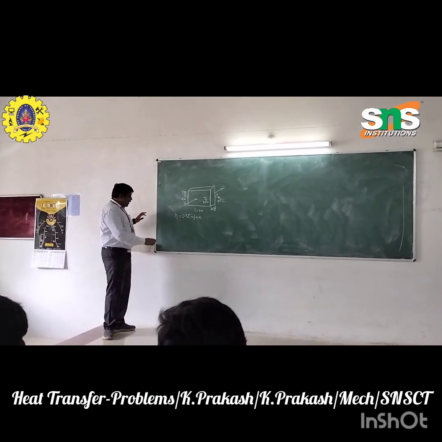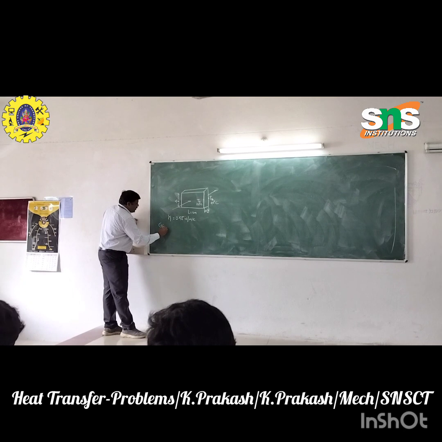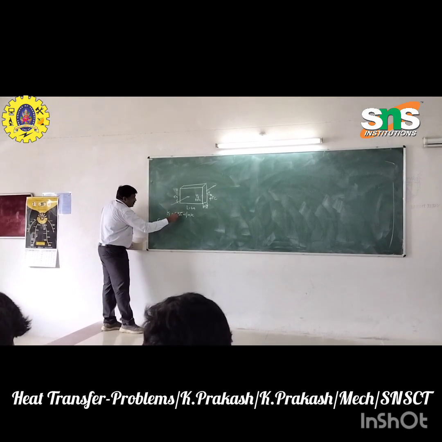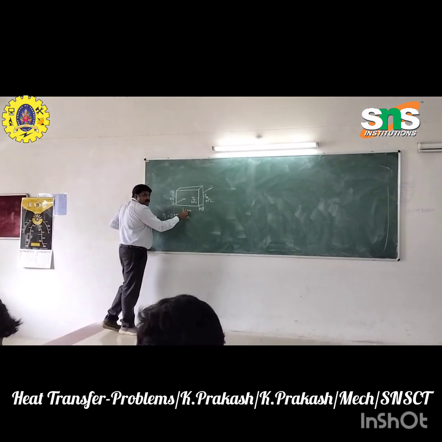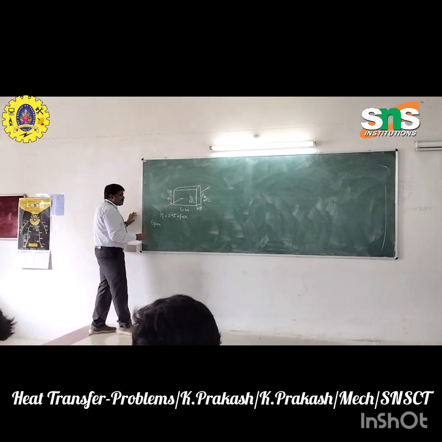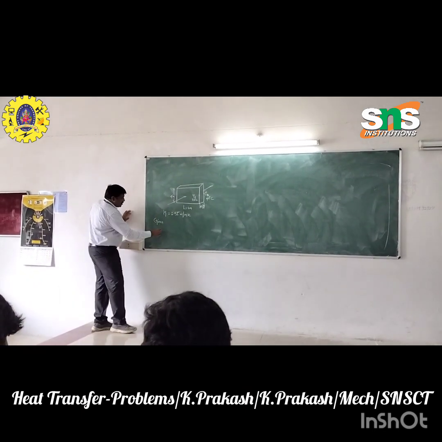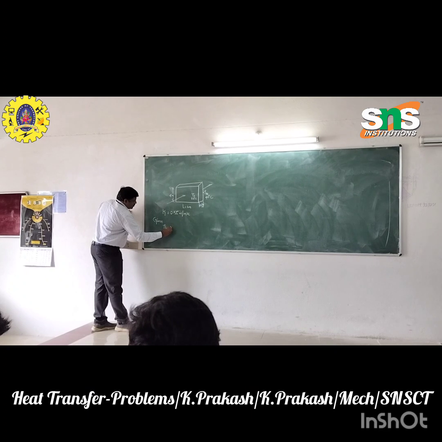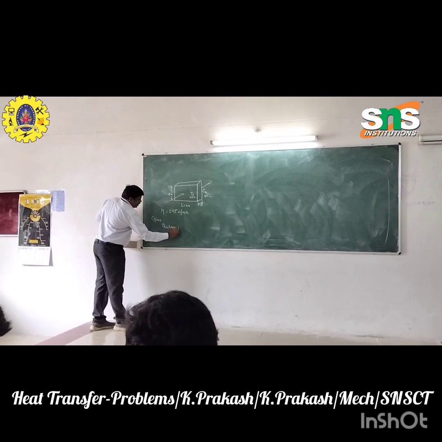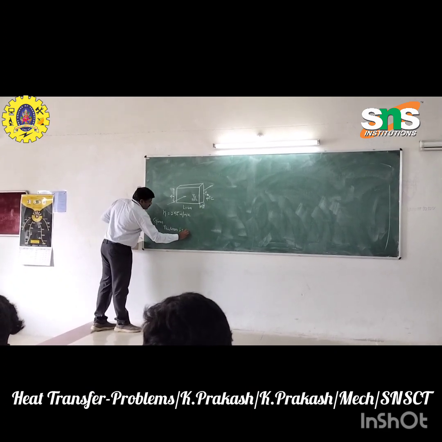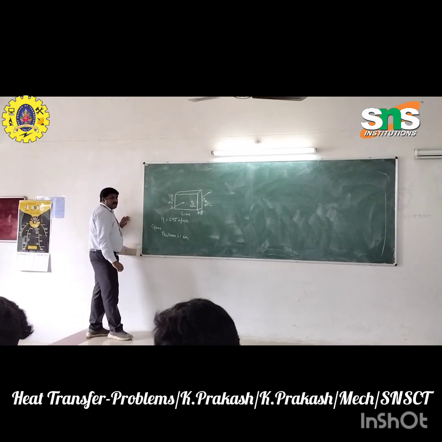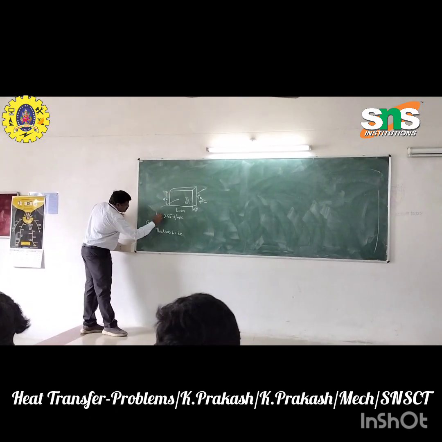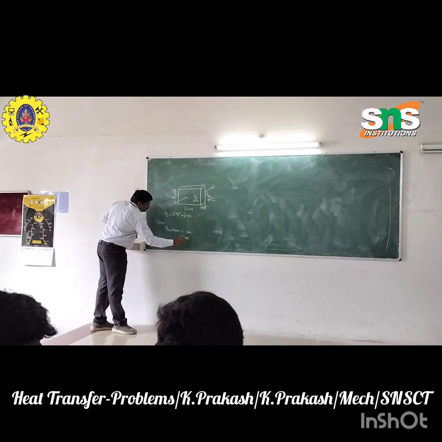Now we can take briefly that here this length is 6 meter, and here we take it as thickness. Here it is 6 meter, and here this is 4 meter.